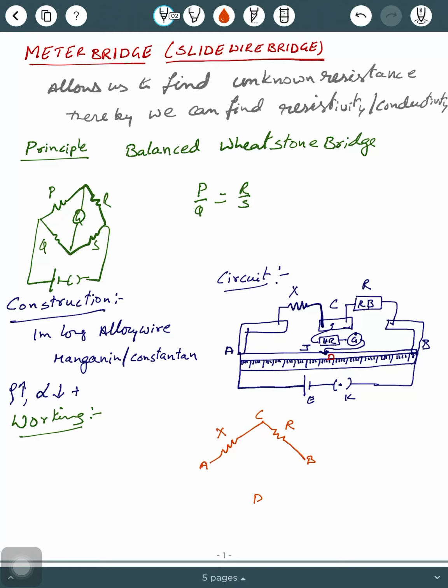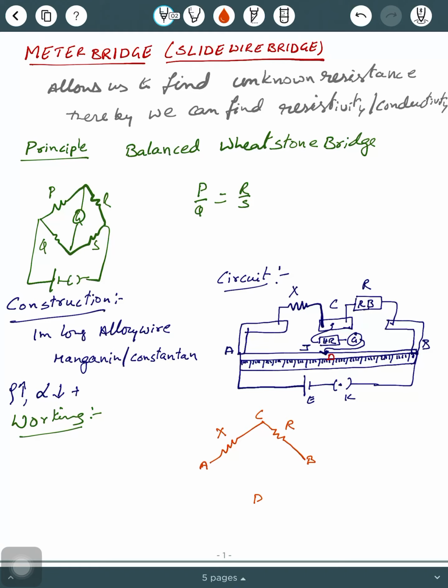So, in working, when you are sliding the jockey, the galvanometer's deflection will slowly turn to 0. The moment it turns 0, by keeping the jockey in contact with the wire, you can say that the bridge got balanced, whenever the galvanometer is showing 0 deflection.